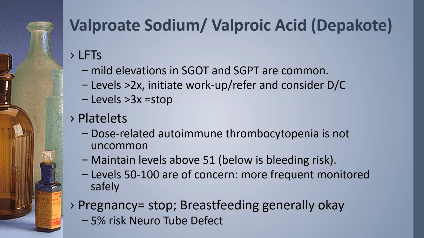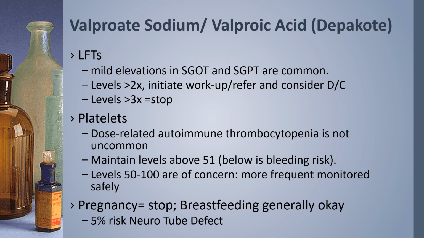For platelet count, just in general, anything below 51 is a higher bleeding risk most of the time. Levels of about 50 to 100, or 51 to 100, that is an area of concern.